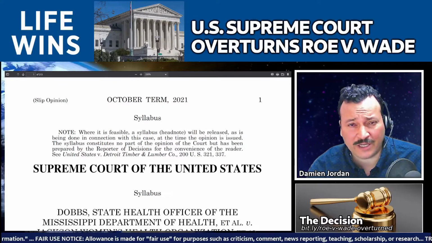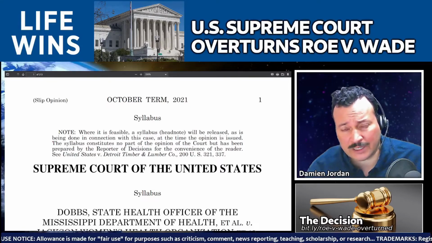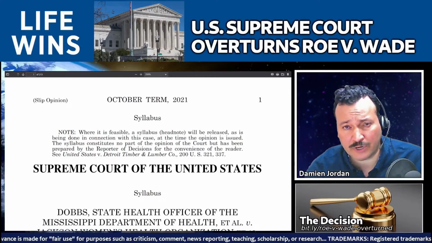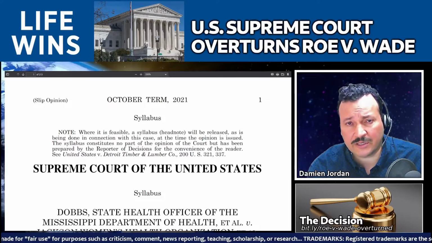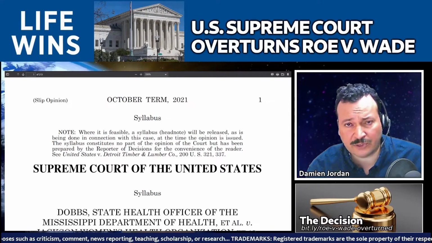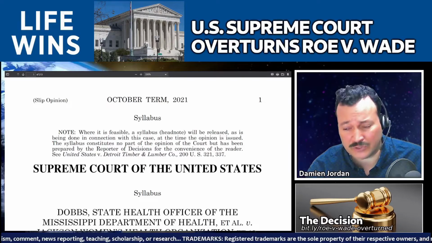But I've provided a link, a short URL that goes directly to this document, and you can tell by the address field in your browser that it's actually an official document from supremecourt.gov. That's very important, of course, because you want to make sure that you're getting it from the source.